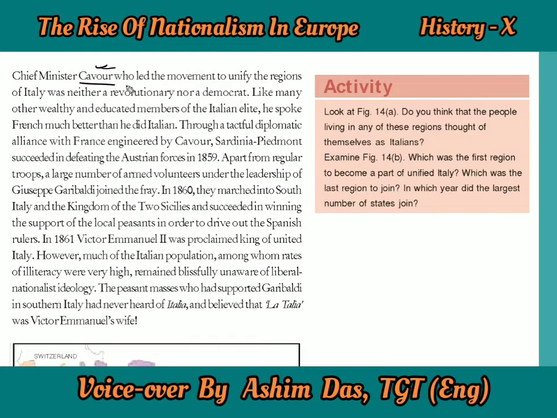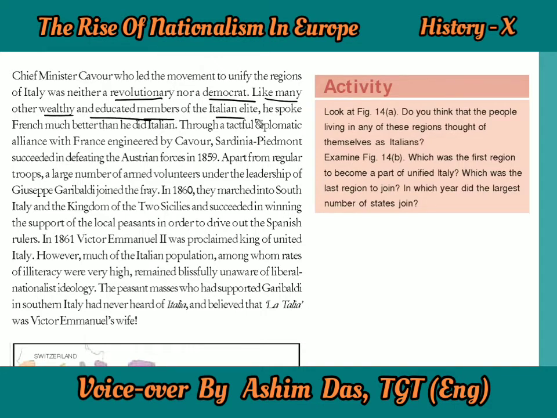So he led the movement to unify the regions of Italy, and he was actually neither a revolutionary nor a democrat. He was a diplomatic person, and like many other wealthy and educated members of the Italian elite of high class society, he spoke French much better than he did Italian.